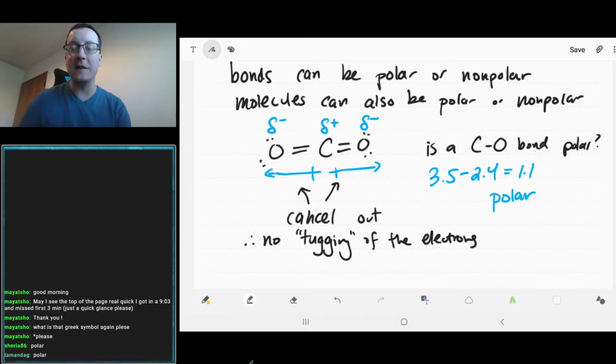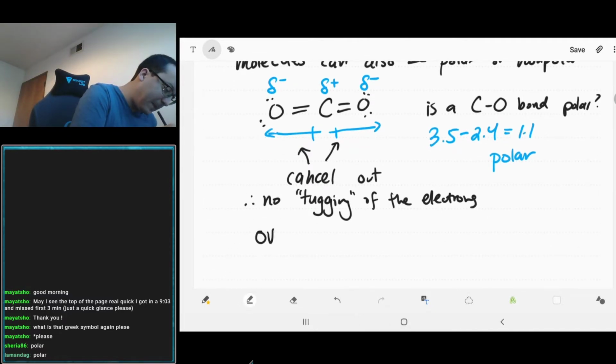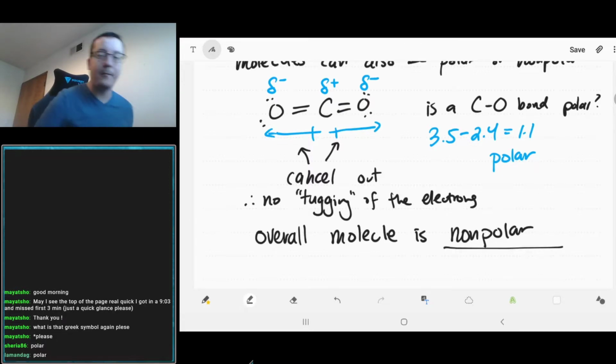If they're all at the same strength and everyone's pulling the rope, the rope is not going to move anywhere because they're equally matched. And so this means that this molecule is non-polar overall. So while carbon dioxide has a polar bond between carbon and oxygen, and another polar bond on the other side, overall the molecule is non-polar because it's being pulled in the same manner from both sides.